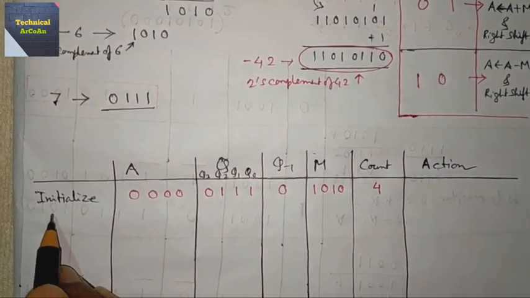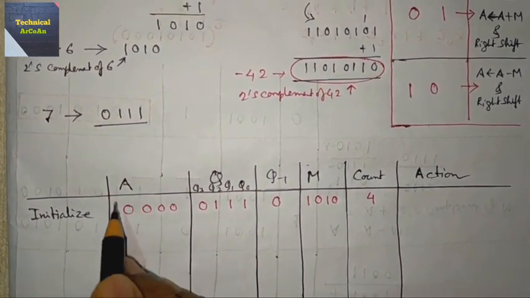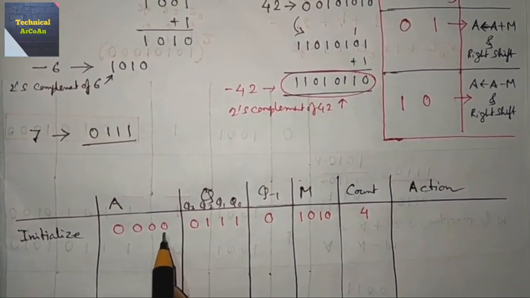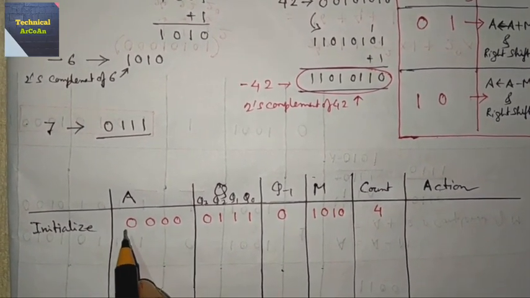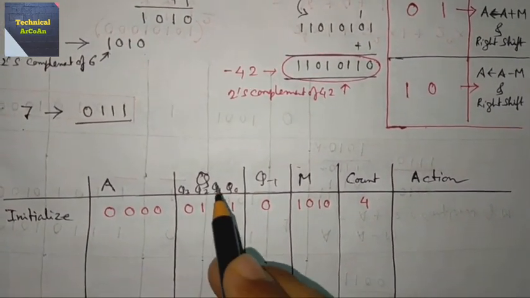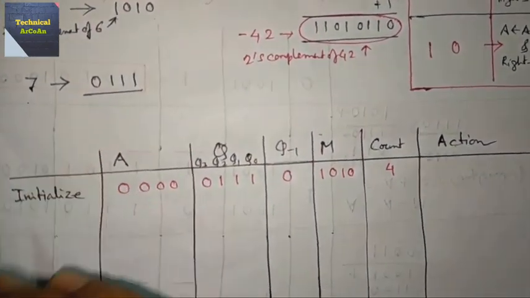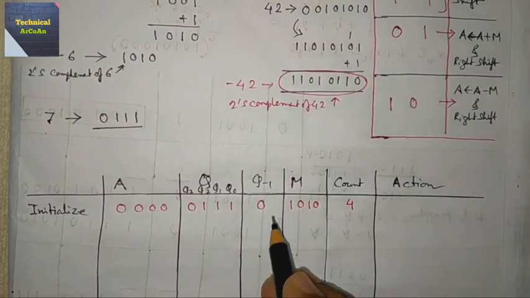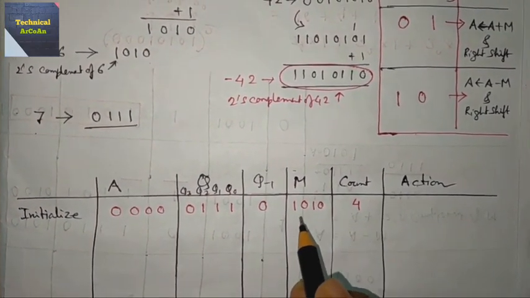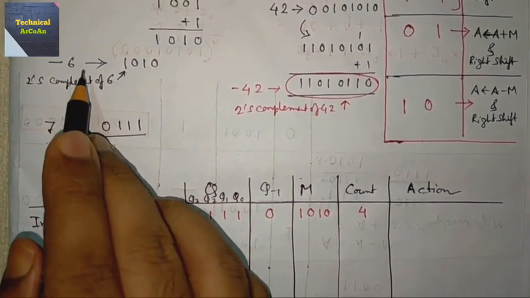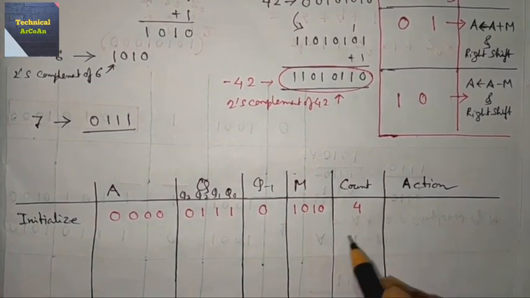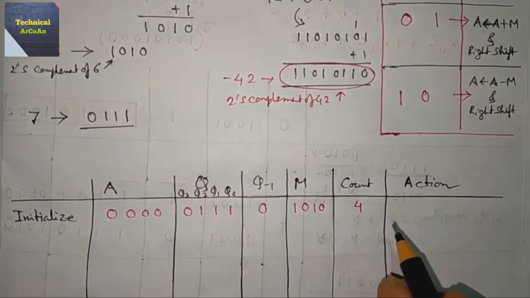At first when we initialize, A will be stored as 0, because according to the algorithm we start with A equal to 0, and Q is represented as 0 1 1 1. Why? Because 7 is your Q, and Q minus 1 at first should be 0, and M is 1 0 1 0, meaning it is your minus 6. Okay, and the count starts from 4. Why? Because the number of bits is 4.